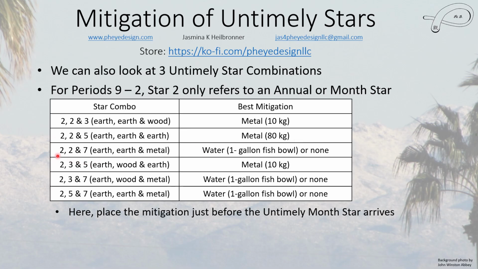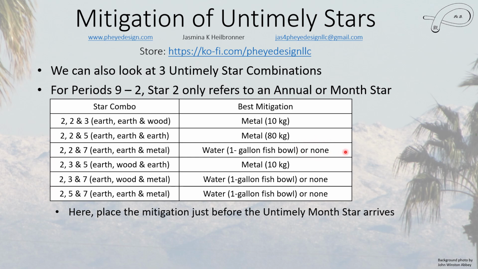So here we have double 2 with a 7. Again, I would say a 1-gallon fish tank is adequate because we only want a little bit of water to weaken the metal, and the earth spends some of its energy muddying the water, so you don't need a lot of water. At least this is my take.